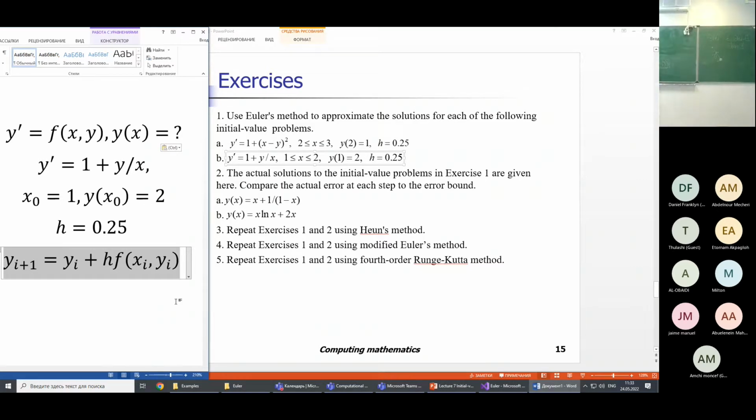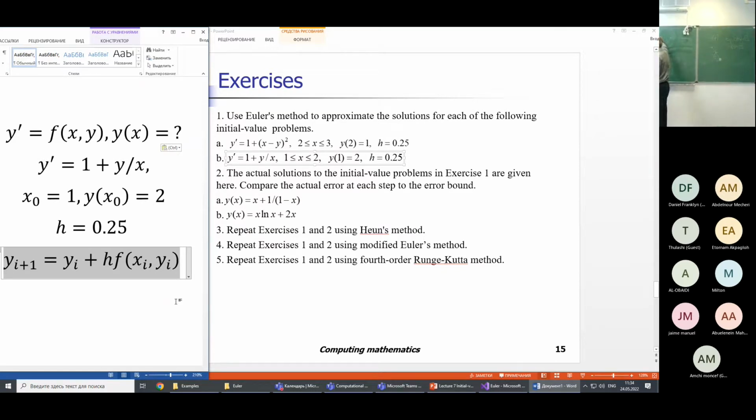What is the equation? y prime equals 1 plus y over x. What is the initial condition? y of 1 equals 2. What is the step? h equals 0.25. Let's start to fill the table.